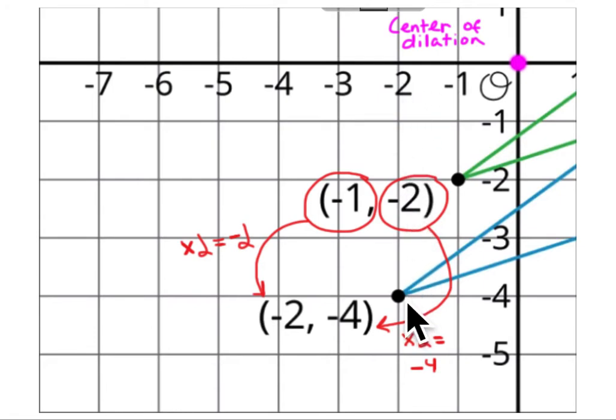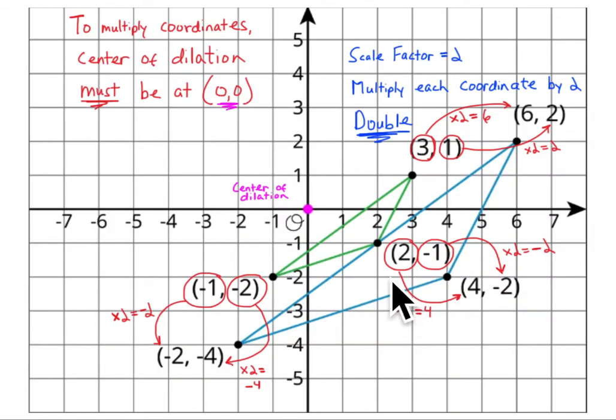So it gets you to here. So -2 times 2 is -4. So this point is dilated out to -2, -4.